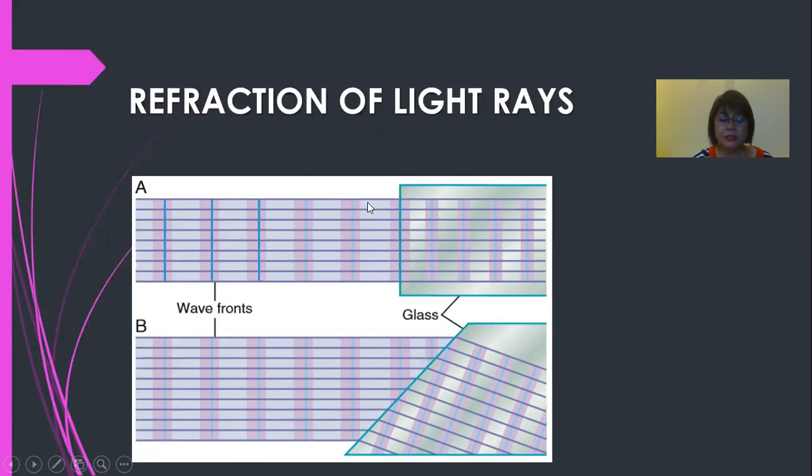So this is a faster speed and slower speed. But if you put a glass which is obliquely placed here, it will refract or bend the light rays like so. Okay?